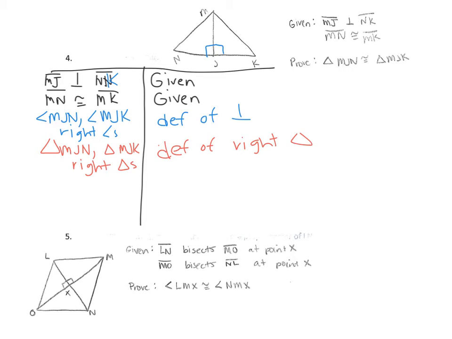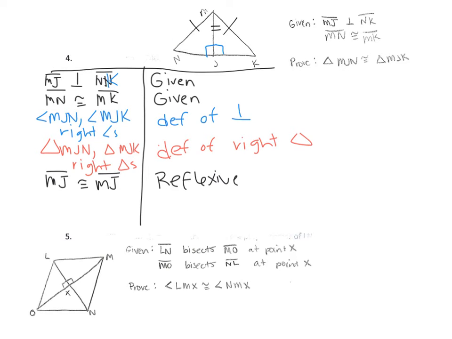I need to mark my second given, which is MN is congruent to MK, which, by the way, are the hypotenuses. So now I can also write that MJ is congruent to MJ by reflexive. So the legs are the same, and the hypotenuses are the same.